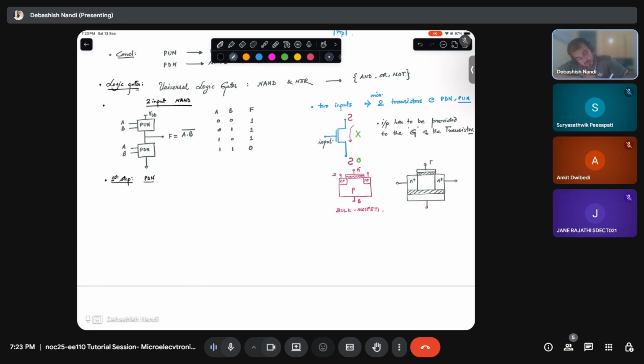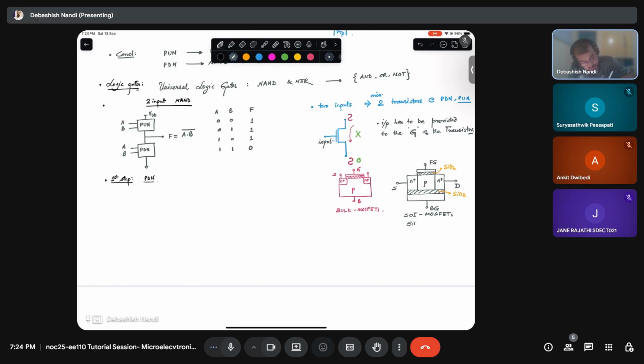So this is your FG, this is your BG, this is your source, this is your drain. Can you tell me what this structure is? So basically this is your oxide and this is also your oxide. This kind of MOSFET is called an SOI MOSFET, okay?